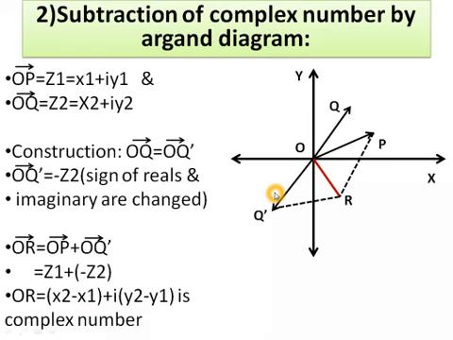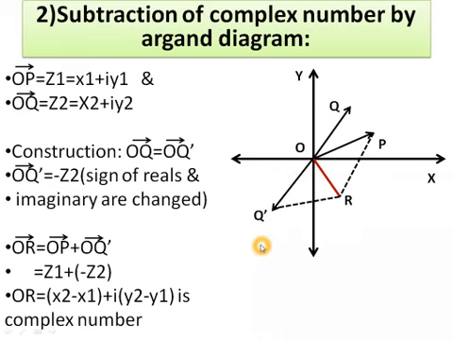For the process of subtraction, the complex number which we want to subtract has to have the sign of its real part and imaginary part changed, and then we add the first complex number to the new complex number whose real and imaginary part signs we have changed. Once we have OP and OQ dash with us, we add them in order to get Z1 minus Z2. This is regarding the subtraction.